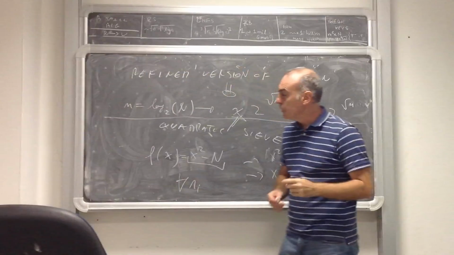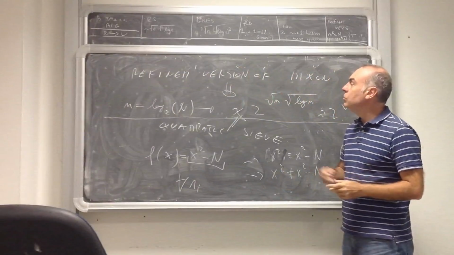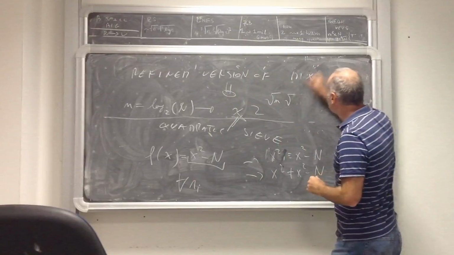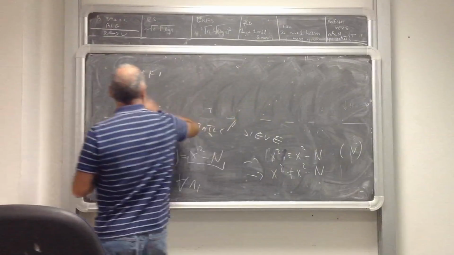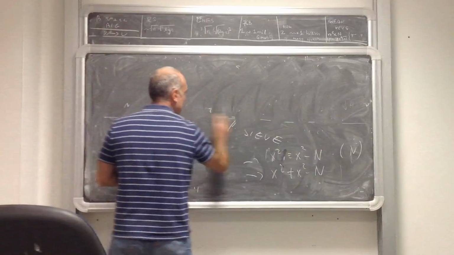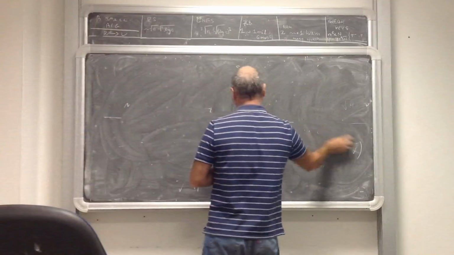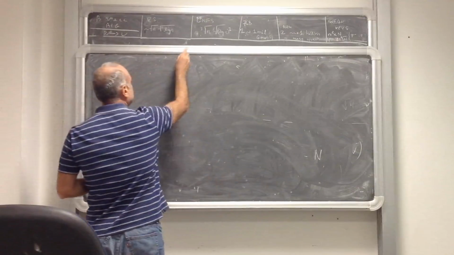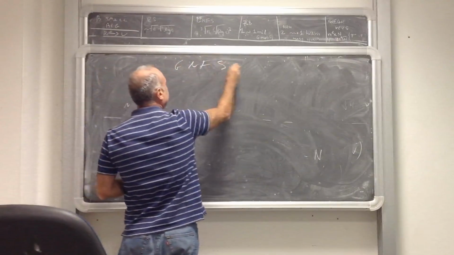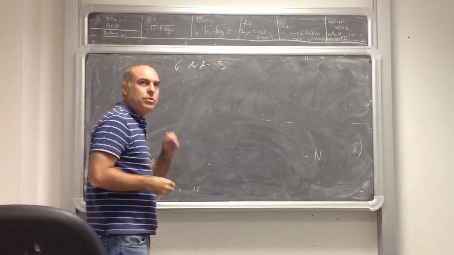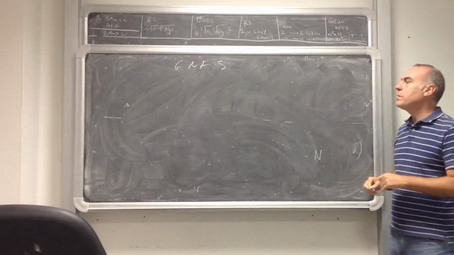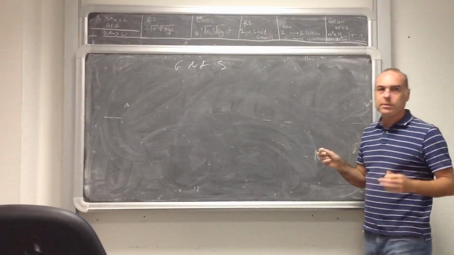However, there are better ways to do these computations. The best algorithm known as of today is the general number field sieve, which uses Dixon's idea, Fermat's idea, but the computations are not made over Z, but in larger fields.